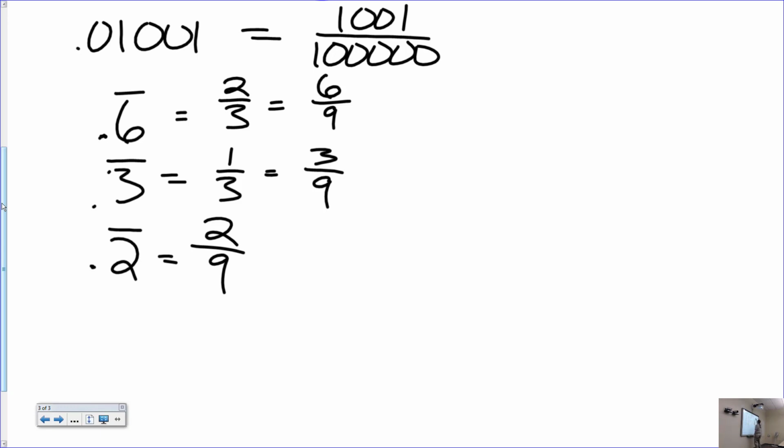So, let me give you one. Let's suppose... If you want, you can get out your calculator, punch it out, and show yourself that that's true. 13 over 99 is 0.131313.